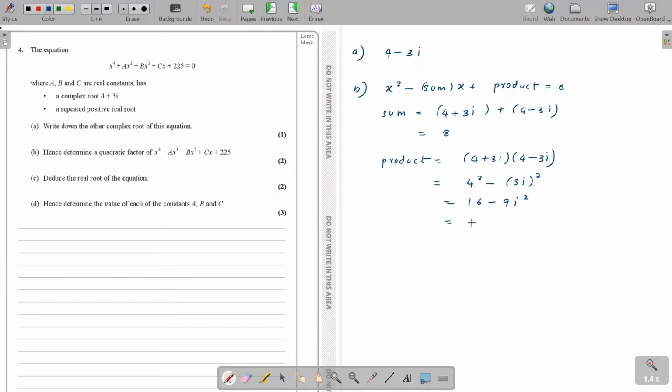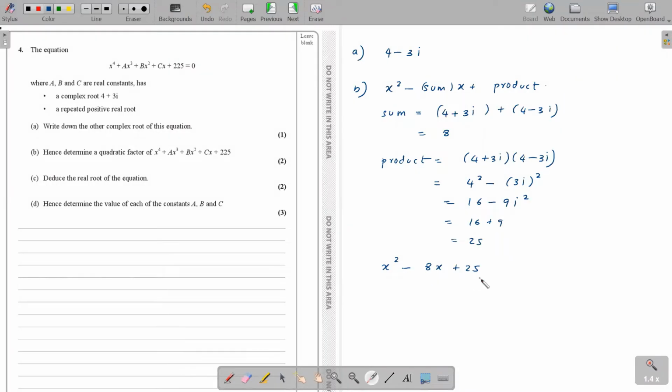Minus 1 into minus 9 is plus 9. 16 plus 9 means 25. So what's the quadratic factor? x square minus 8x plus 25. Okay, this is the quadratic factor, not the quadratic equation.